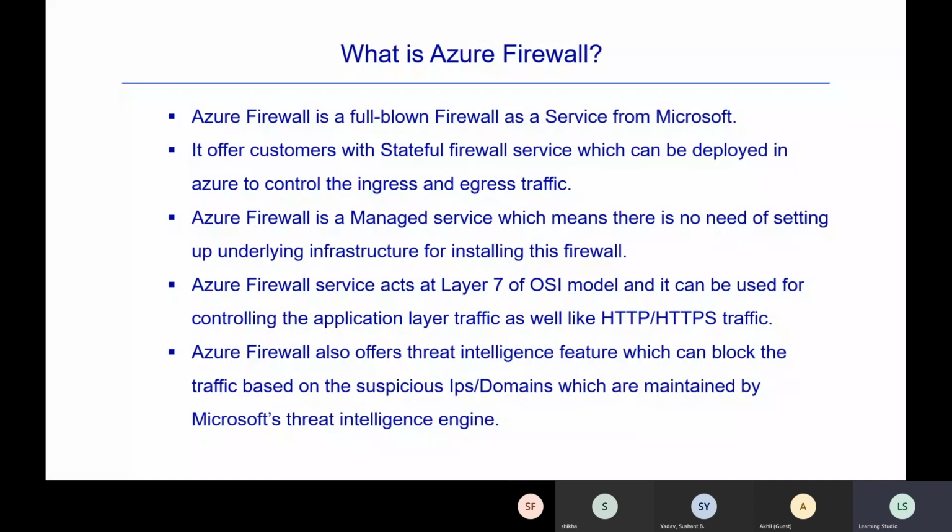So if there are any blocked or blacklisted domains, or blacklisted IP addresses, and if Azure Firewall thinks that the traffic is coming from one of the IPs which is in their block list, then it will also block such traffic.